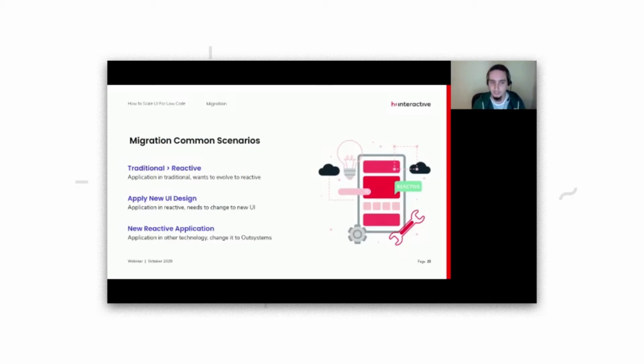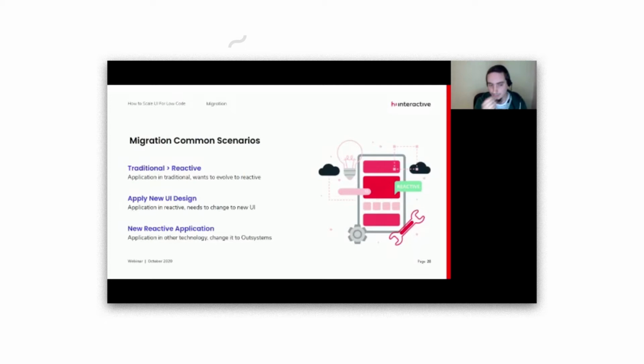The second scenario is when the client wants to apply a new design to an already existing application, regarding changing some UI, making some UI improvements, creating one or two new components.